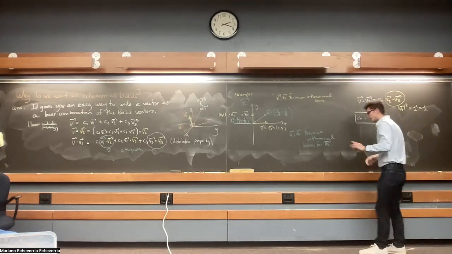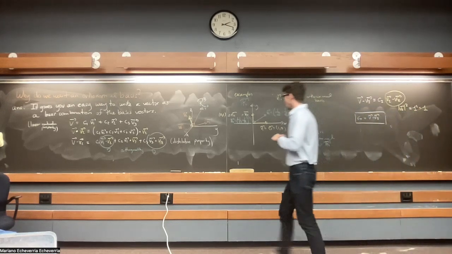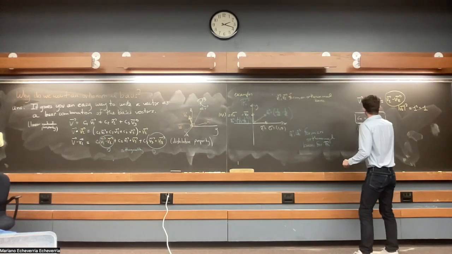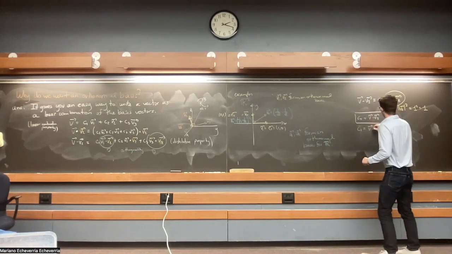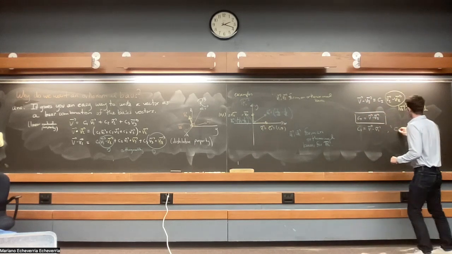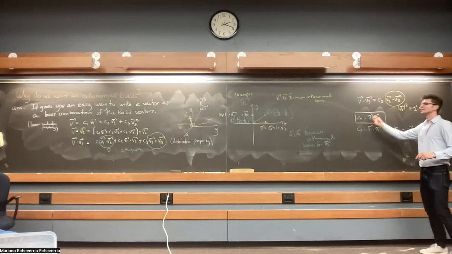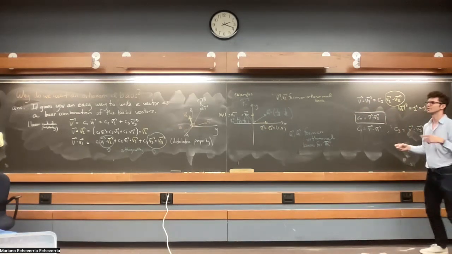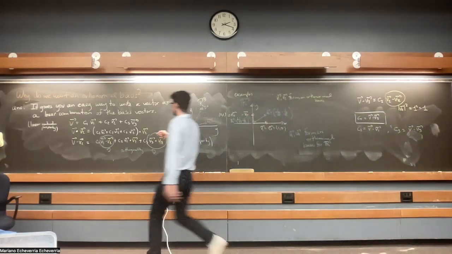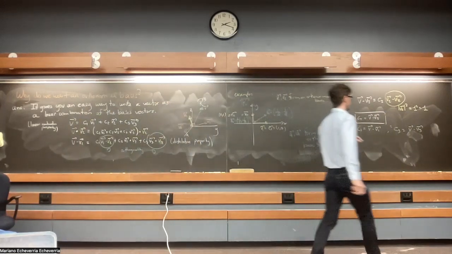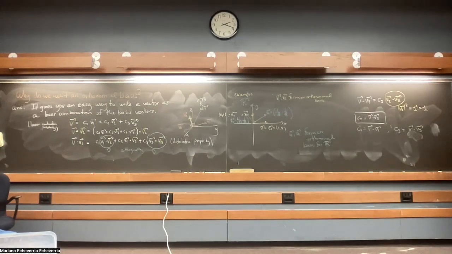Hopefully it looks believable that C1 should be the dot product of V with V1, and C3 should be the dot product of V with V3. There's nothing really changing in the argument. Instead of doing the dot product with V2, you would have done it with V1 or V3, giving the same basic formula with some obvious replacements.